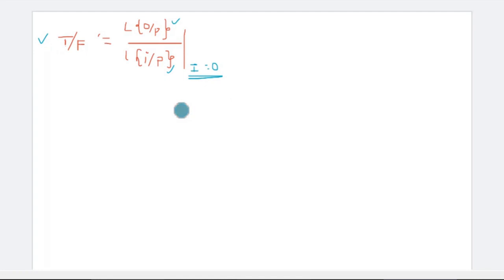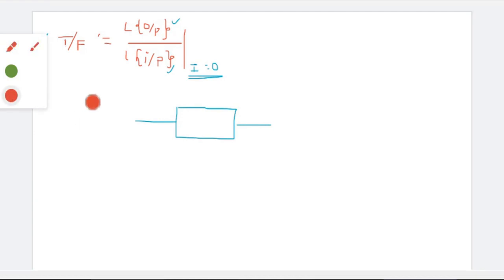Now by considering the block diagram, we are going to define the transfer function. Just consider a system, any system which is having some amount of input and also having the output. Here consider the input of the system as R of t.